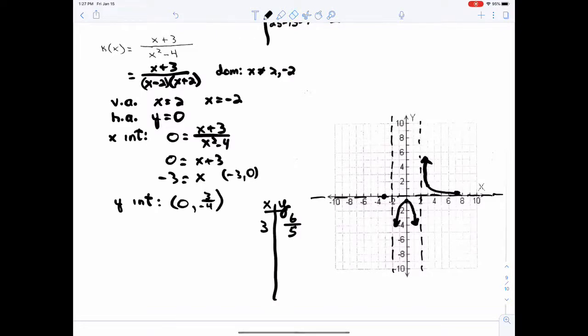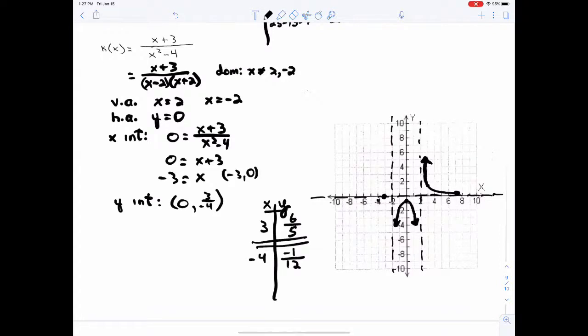Okay, so here we need to find another point. Let's plug in -4. So if we plug in -4, we get -4 plus 3, and the numerator is -1, and then -4 quantity squared, 16 minus 4 is 12, so -1/12 is some little tiny negative. Okay, so what's going to happen?